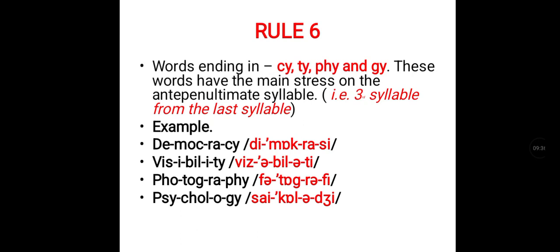Rule number 6. Words ending in CY, TY, PHY, and GY. These words have the main stress on the antepenultimate syllable. That is the third syllable from the last syllable. So we are going to start counting from the last syllable: 1, 2, 3, and that will give you where the stress falls.